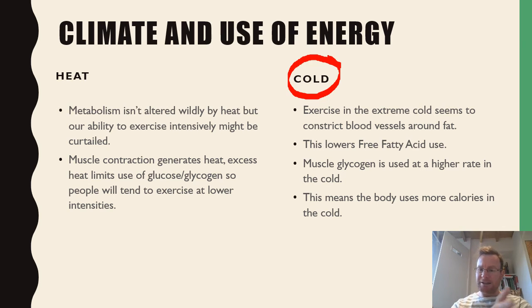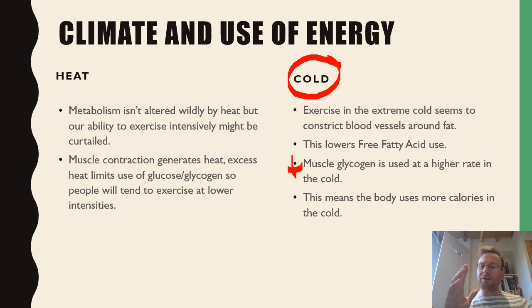This lack of fatty acids being mobilized means that you use your body's glycogen stores more. Glycogen is a less efficient form of fuel than fat. Fat is, as we looked at before, 9 calories per gram, and when we burn fat aerobically, it's very efficient, we get lots and lots of ATP.